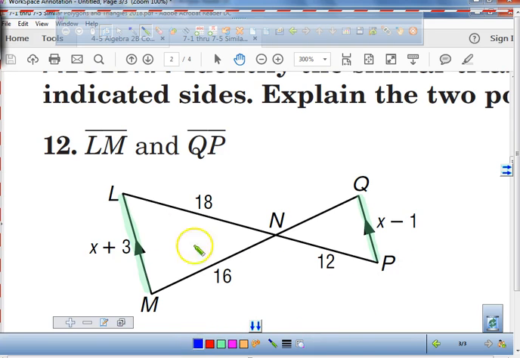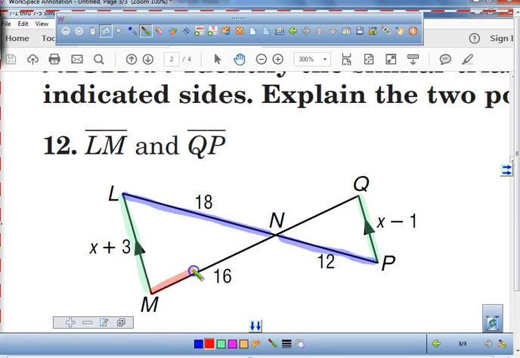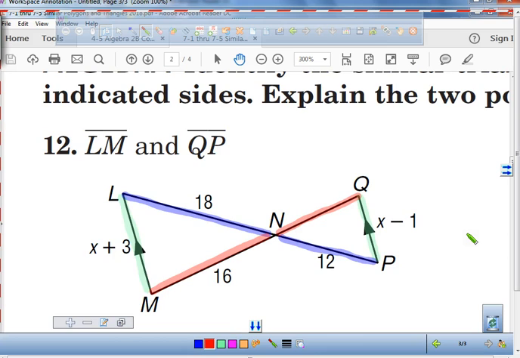All right. So next thing I'm going to do is color this in right here. And I'm just going to keep going the same color. And last but not least, there we go. This might help you when you're trying to set up what's proportional, not congruent, but what's proportional.